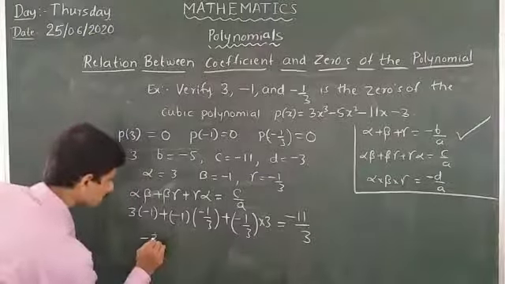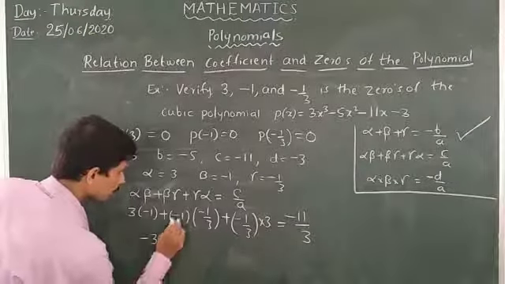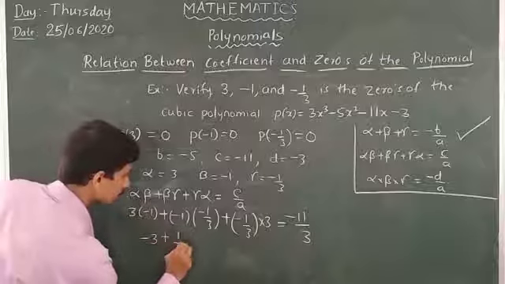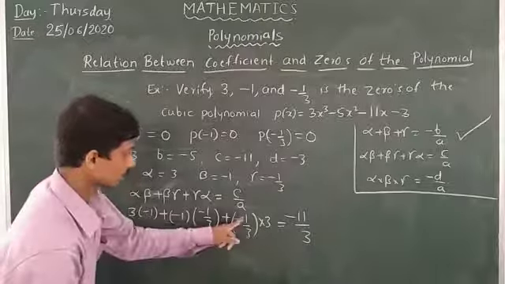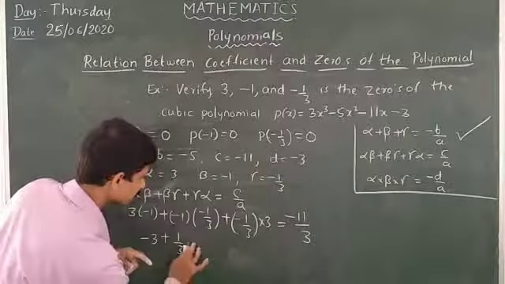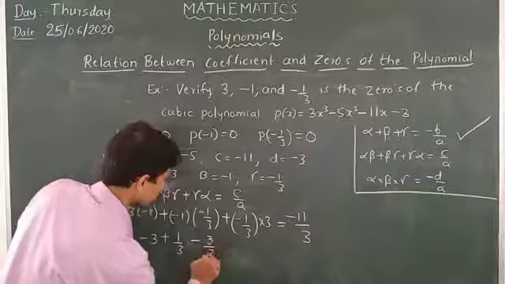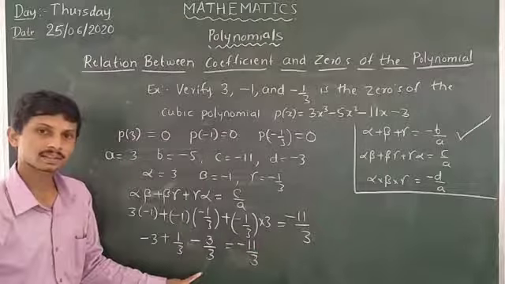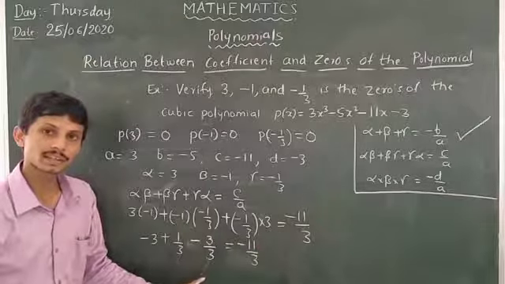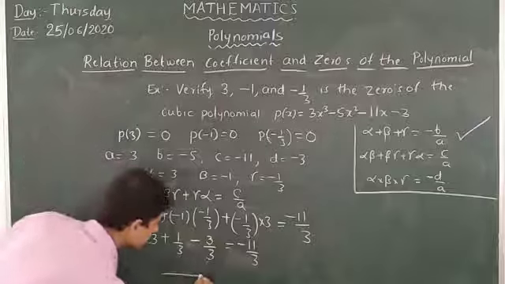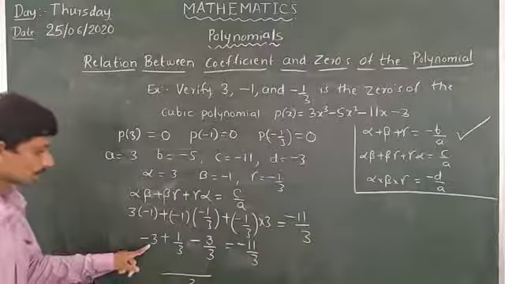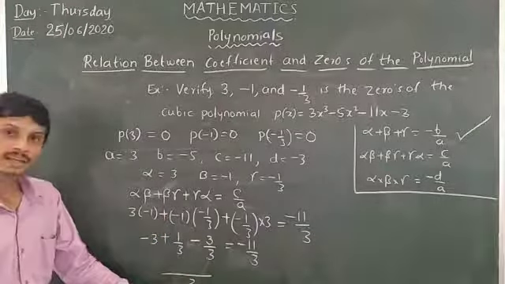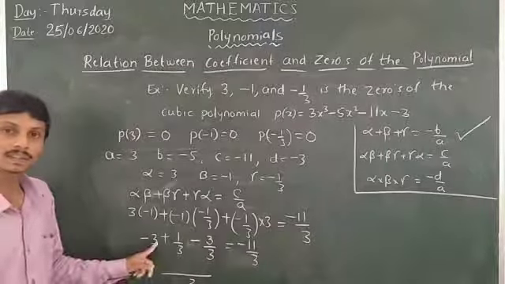So let us check. Here -3 is there, then minus of minus plus 1/3 plus of minus 3/3 is equal to -11/3. We have to take the LCM on the LHS side. If we take the LCM as 3, we have to multiply with 3.